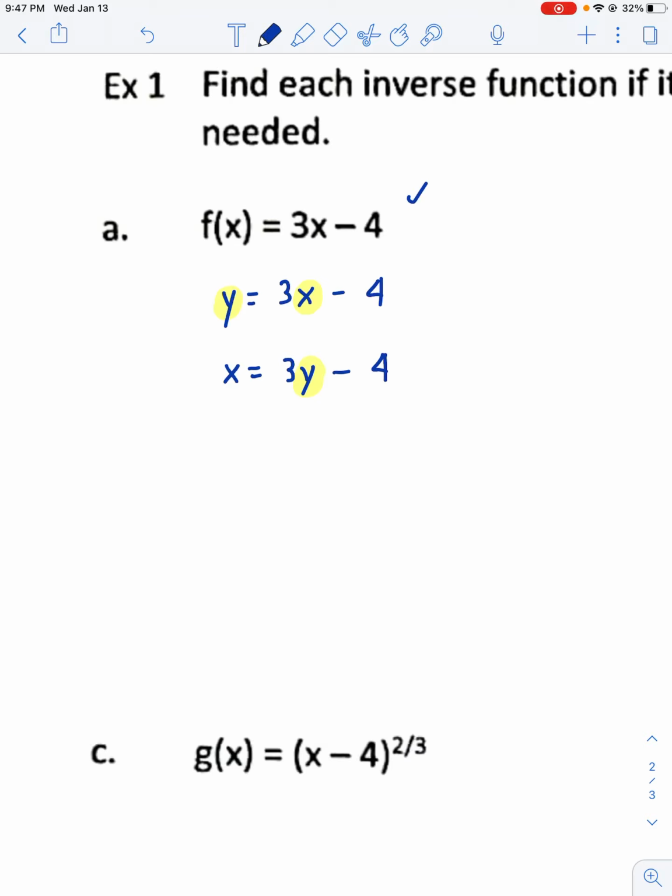Well, hopefully you guys see the first thing you're going to do is add that 4 to the other side. So x plus 4 equals 3 times y. Well, what's the last thing I do to get y alone? I'm going to divide by 3. And at that point, y is now alone.